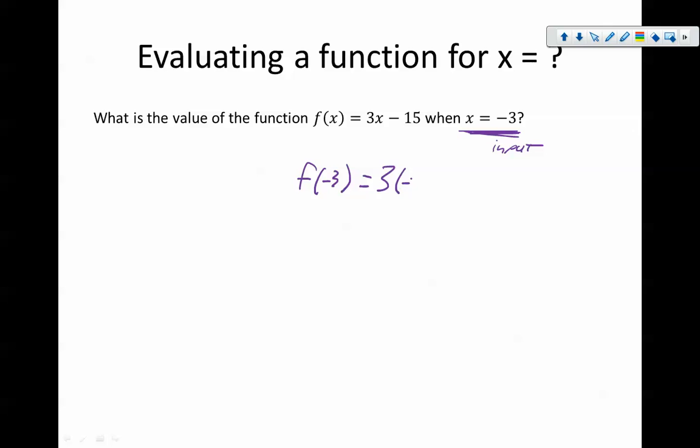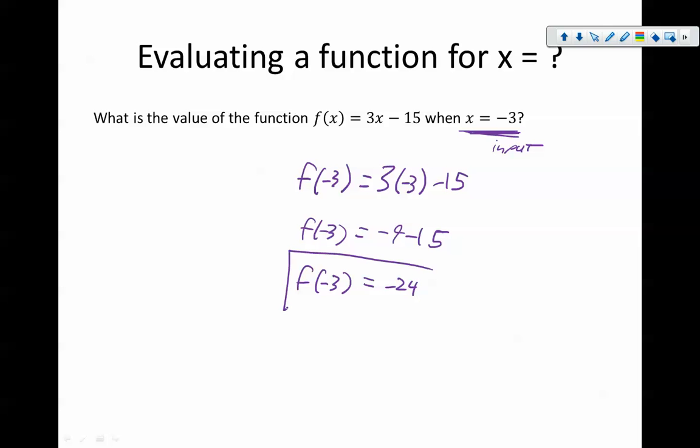Then I'm going to replace the negative 3 in my function over here, and I'm going to use my order of operations to solve. So this is negative 9 minus 15, and then f of negative 3 is negative 24. And that's it. That's my answer.